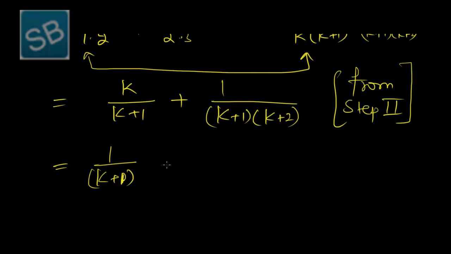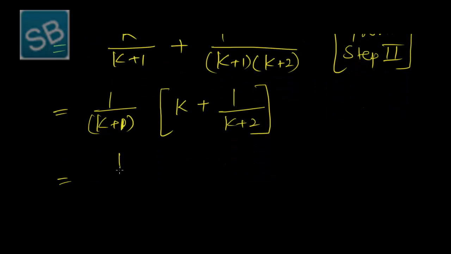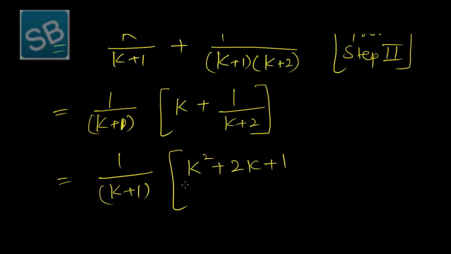So we will take common out 1 upon k plus 1, and in the bracket we have k plus 1 upon k plus 2. So here we get 1 upon k plus 1, and here we get k square plus 2k plus 1 over k plus 2.